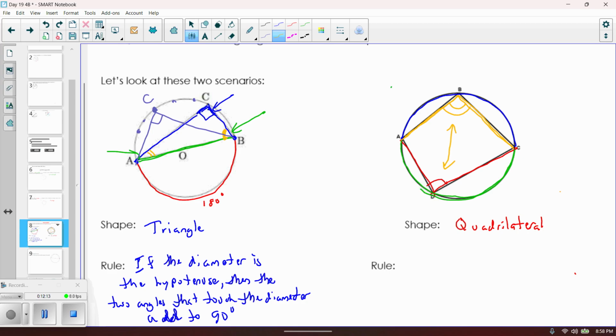So what that tells us is that opposite angles add to 180 degrees. Which also means that A and C, because those are across from each other, will also add up to 180 degrees.